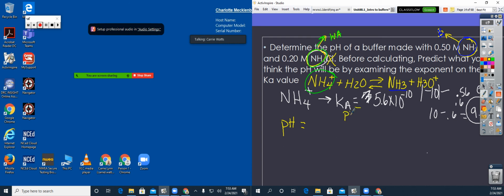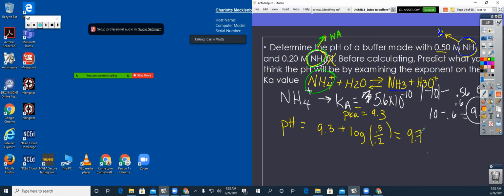So the pKa was 9.3. Plus the log, remember it's the base over acid. The base was 0.5. The acid is 0.2. And I get an answer of 9.7.